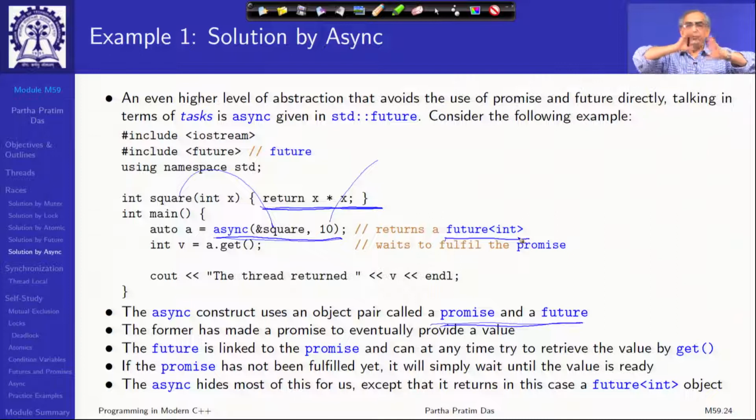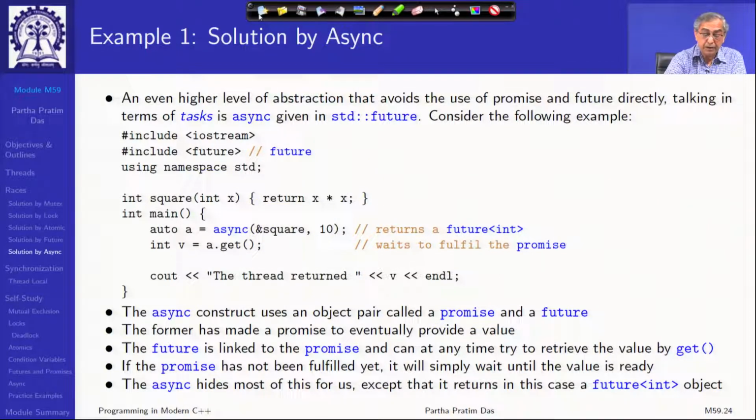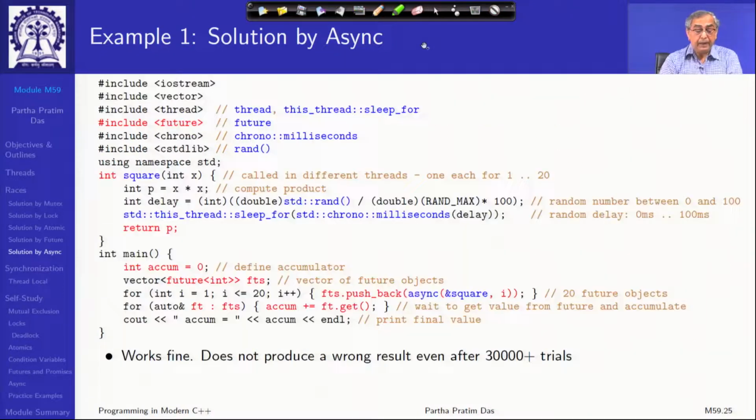It will create the promise and future internally, set that value, and then it will wait for the promise to be fulfilled, that is get. So, when you get that value, you have the actual value. So, that is a basic async operation, which is much simpler than using future and promise.